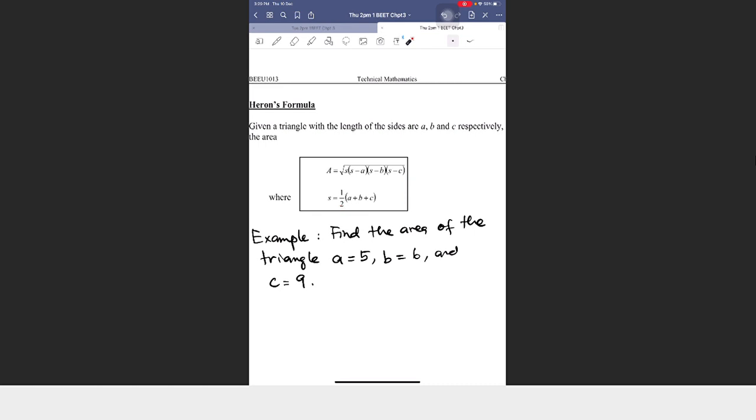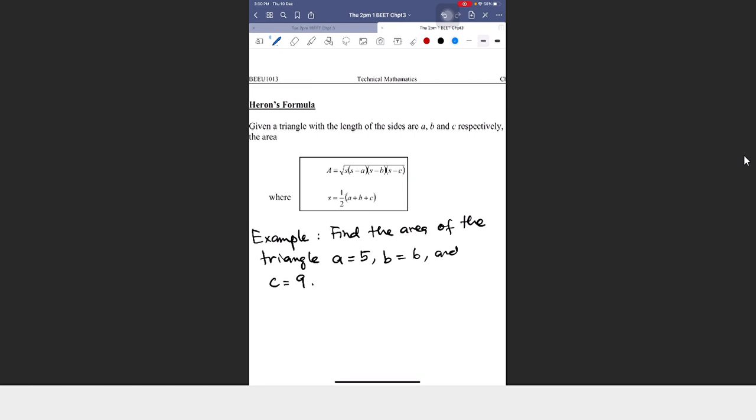So for example, you want to find the area of this triangle, given A is 5, B is 6, and C is 9. No angles here. So you cannot use the formula half AB sine C just now. You can just use this one.